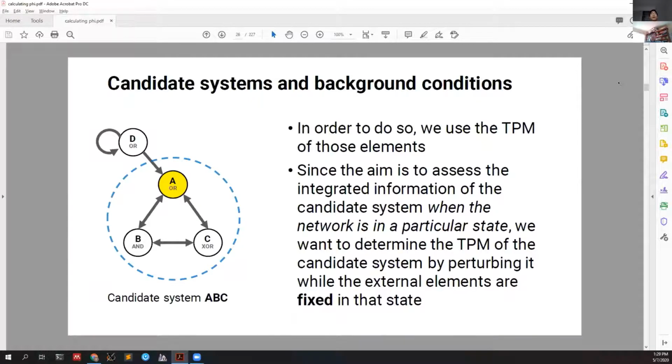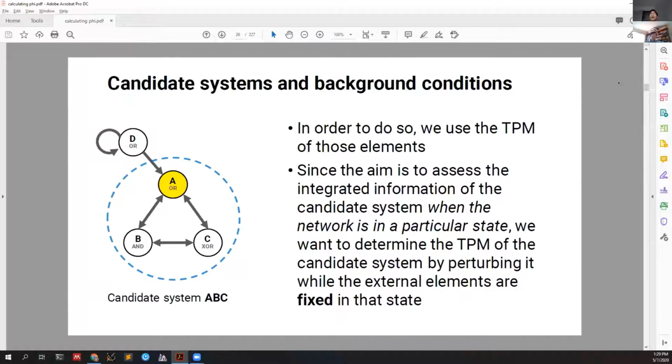So here, basically, what we want to do is capture the causal connection only within this candidate system and ignore the external system, external elements. In this case, D is an external element. So we want to ignore this.